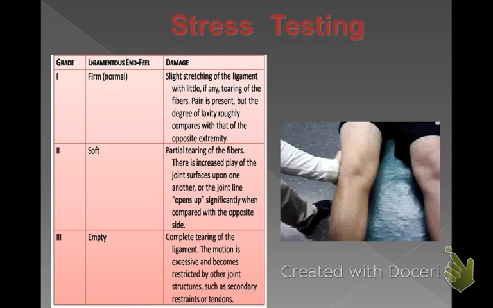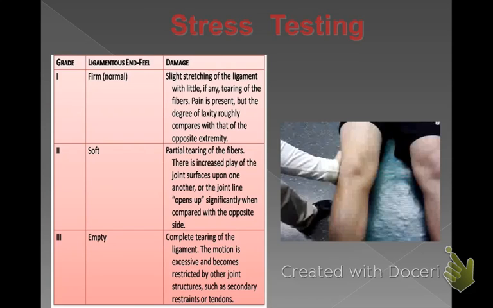So when we are stress testing a ligament, what we're really looking for when we said laxity is really end feel, right? So when we stress a joint in a specific direction or the ligament to determine the amount of laxity, how much give does that joint have? How much play can we get out of that joint? And so when we stress test, we grade our stress testing on a grading scale of 1 to 3.